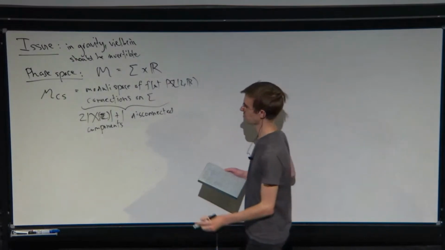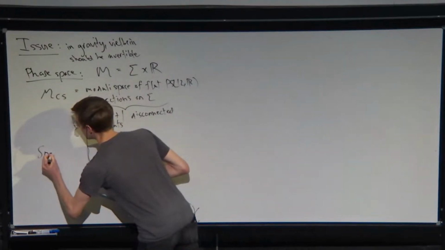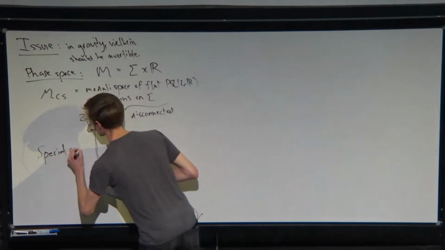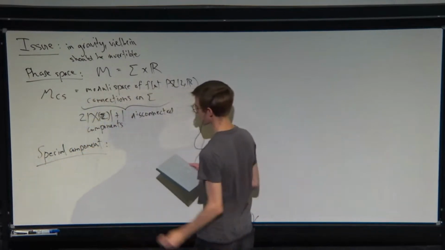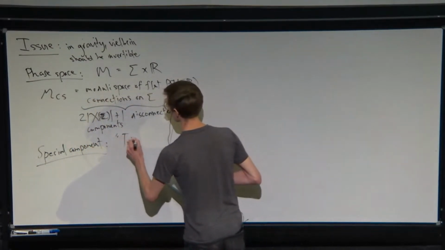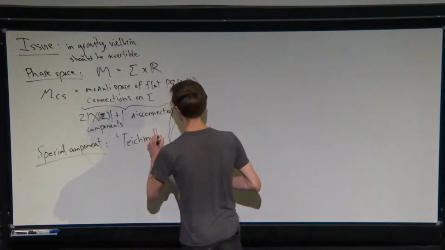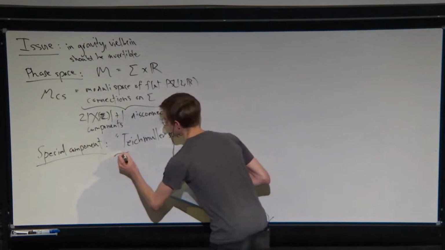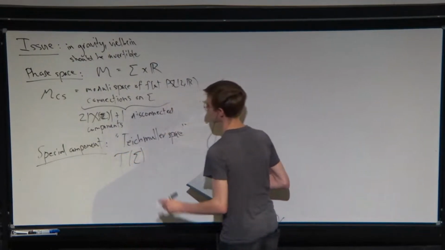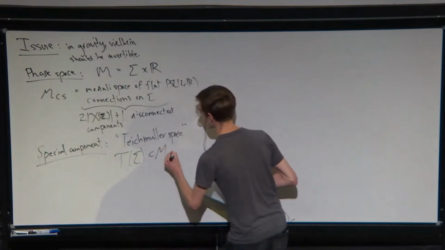But there's a special component which is known as Teichmuller space. Let me call this T of sigma, and this is one of these components in this Chern-Simons phase space.